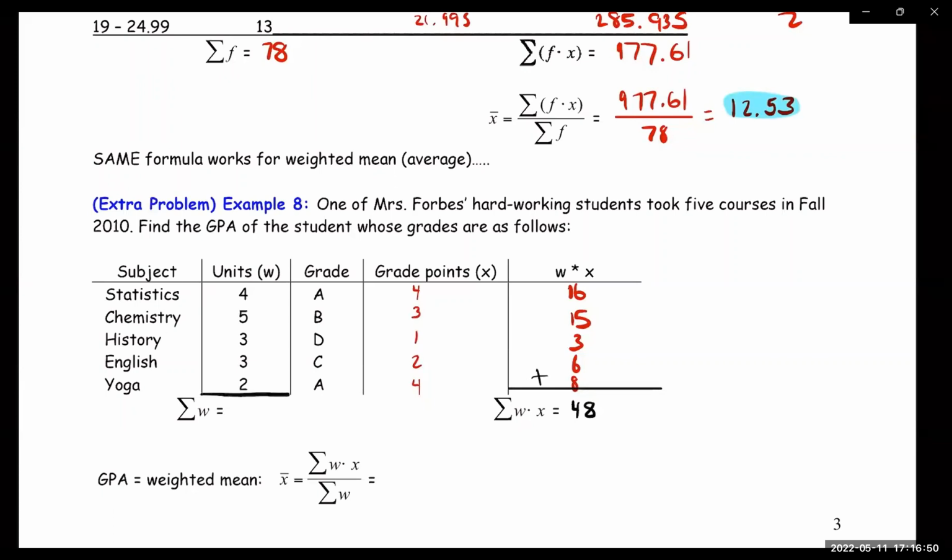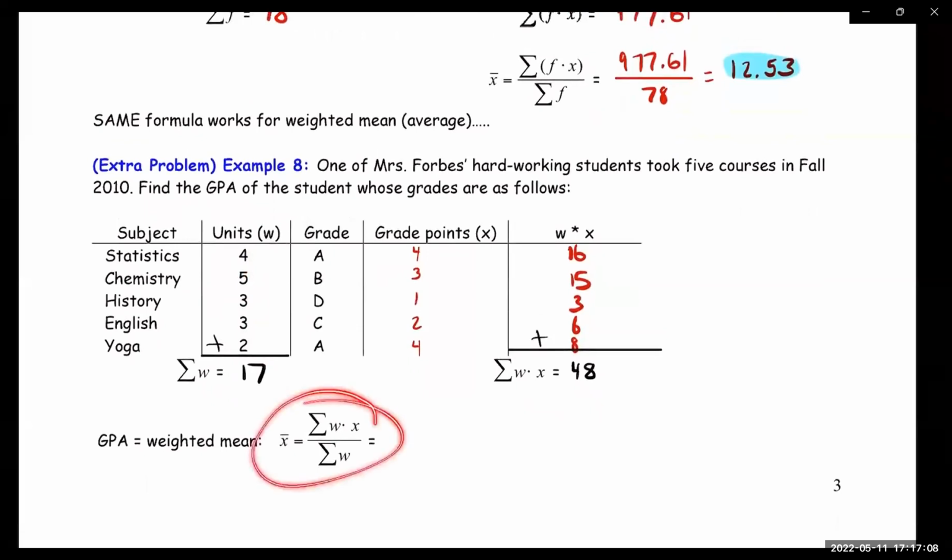And then you also have to add up this column. So that would be 9, 12, 15, 17. And as you can see, the weighted mean is this number divided by this number, and that represents the GPA. So the GPA is going to be 48 divided by 17, which is 2.82, right? 2.82.